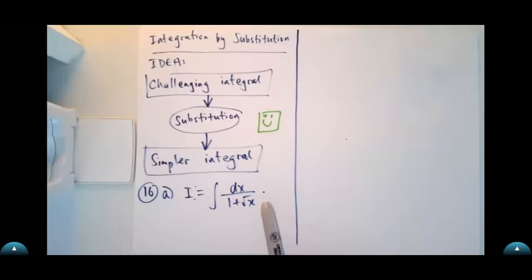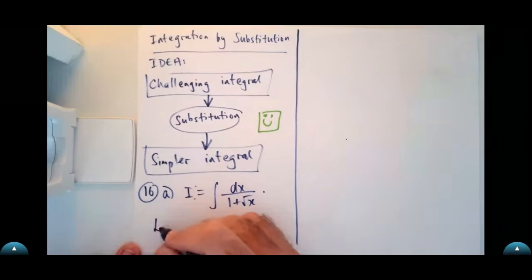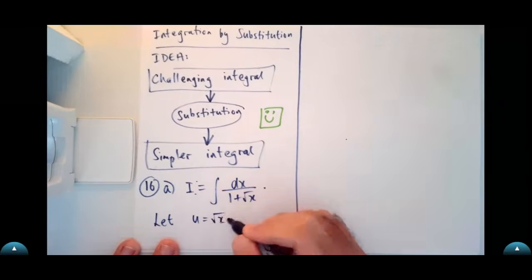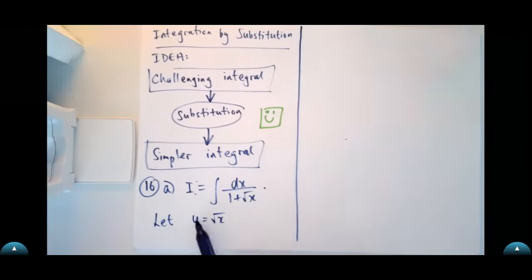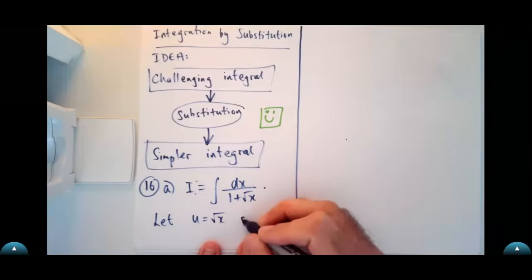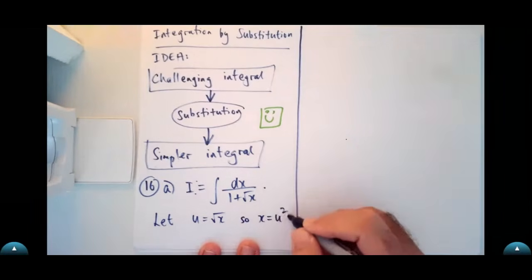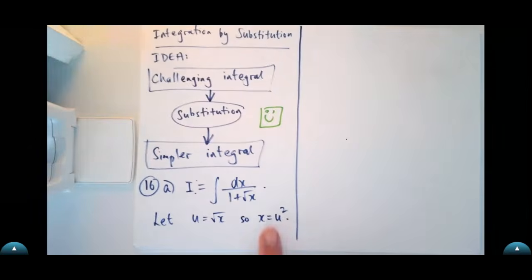So what I'm going to do is let this square root of x be substituted out, and I'm going to introduce this new relationship. If I let u be the square root of x, and I can flip it around, I'll get this.